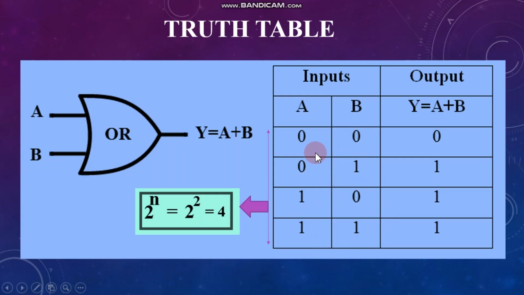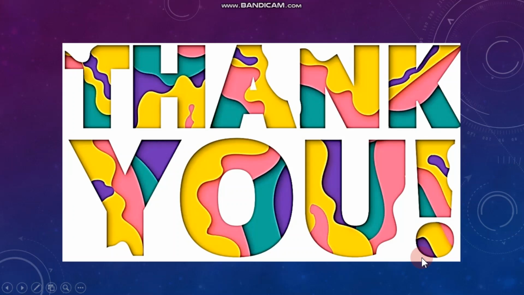How to write: start with 0, since we consider 0 to be low level. So the first column will be 0 0, that is two 0s back to back, and two 1s back to back. So 0 0 1 1. Column B, since this is the second column, we write 0 1 alternately. So it becomes 0 1 0 1. And the output we obtain by the definition of the OR gate. I hope this is clear to you.